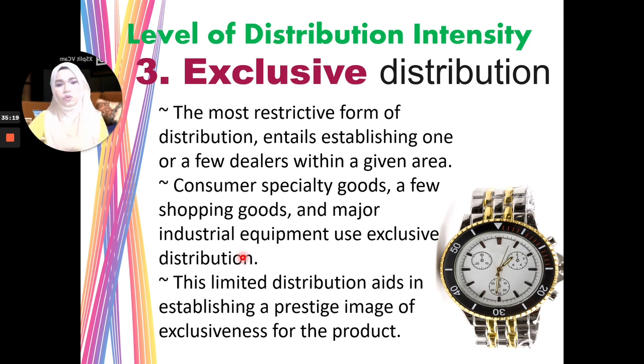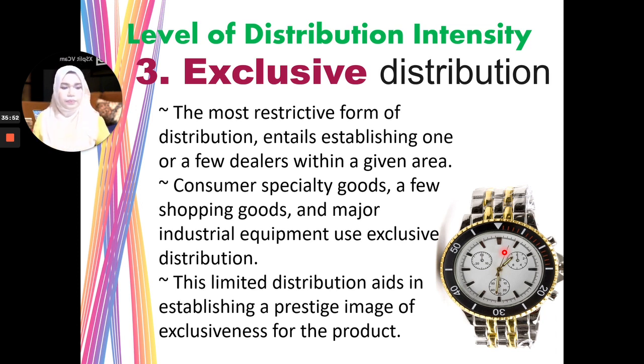I give you an example here, like Rolex. You can't buy Rolex at just any watch shop. You can only get it at a Rolex shop. In Kuching, for example, you can only get a Rolex watch at The Spring. They have their own outlet, which is the authorized distributor of Rolex.